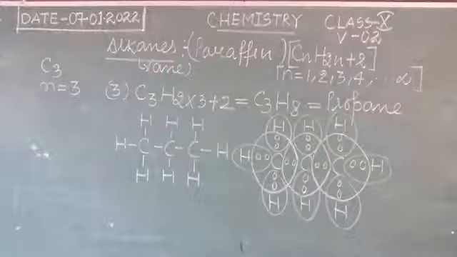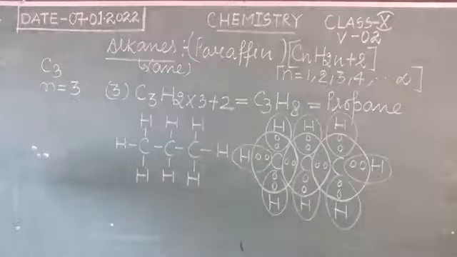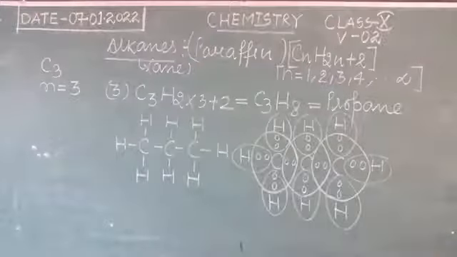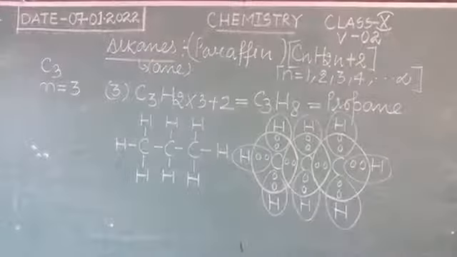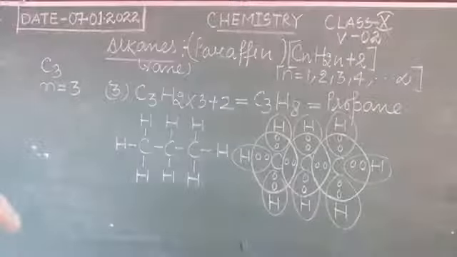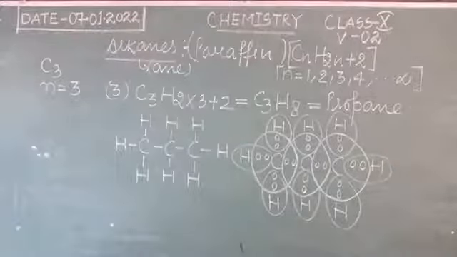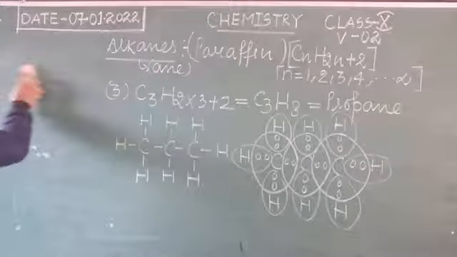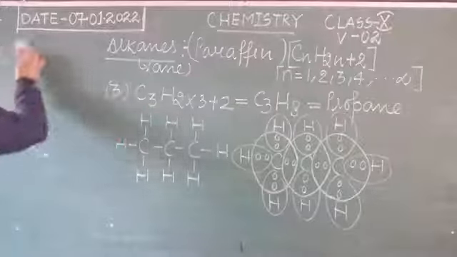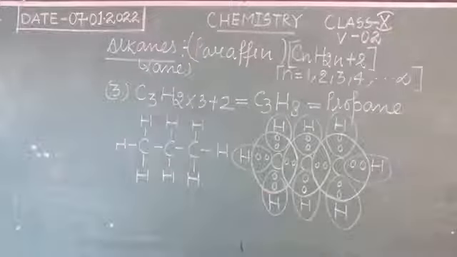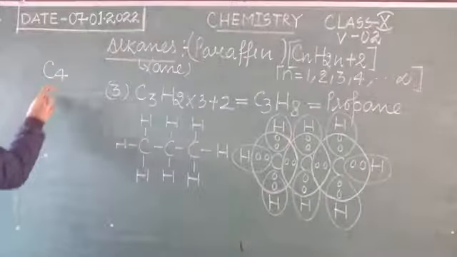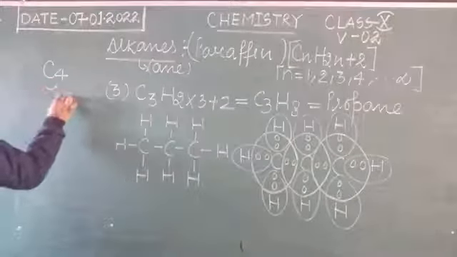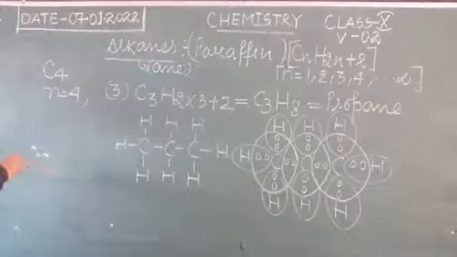Now we are going to see two more. Thereafter we move toward the unsaturated hydrocarbons. Up to 5 carbon atoms you have to draw the structure. Now the carbon chain containing 4 carbon atoms. Here the value of n becomes 4.